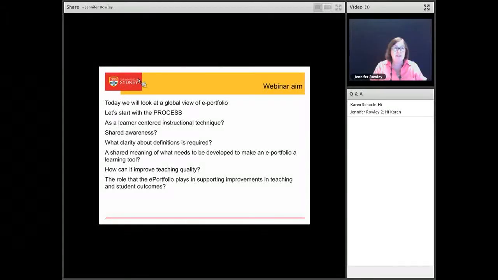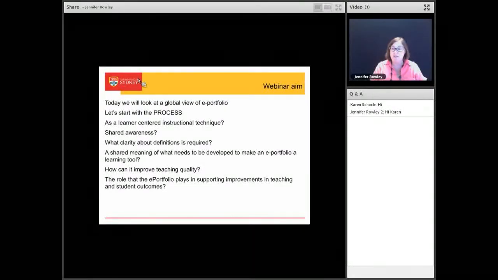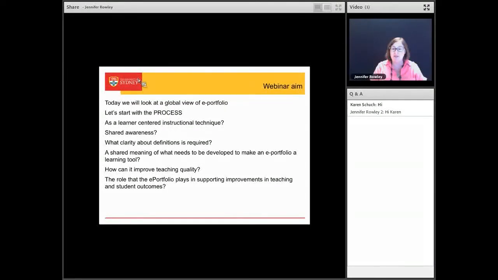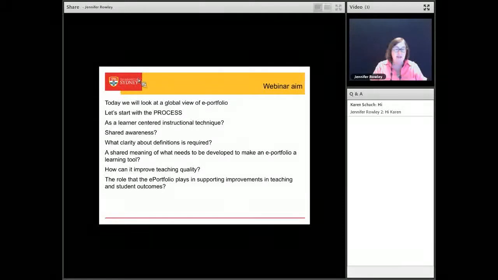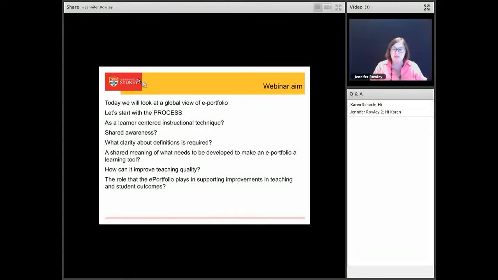So maybe today we could start with looking at electronic portfolio as a process. I'm very pleased to present to you all the good that I've worked with in electronic portfolios over the 5 or 6 years that I've been involved. But also there is, of course, in anything, criticisms of both the process and the product.